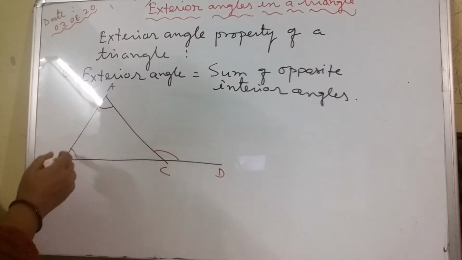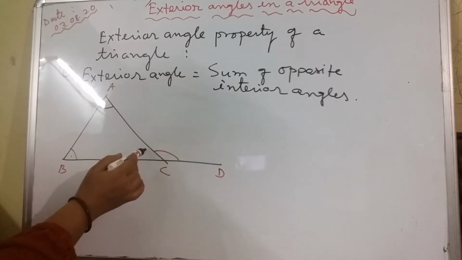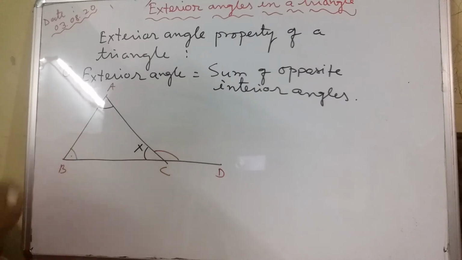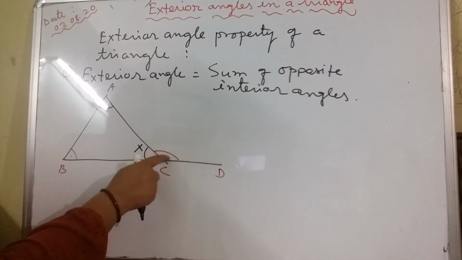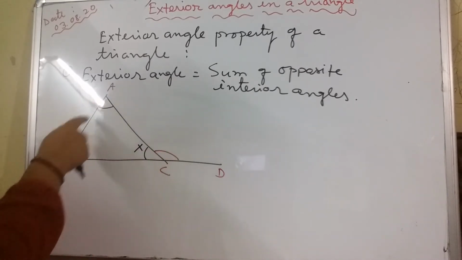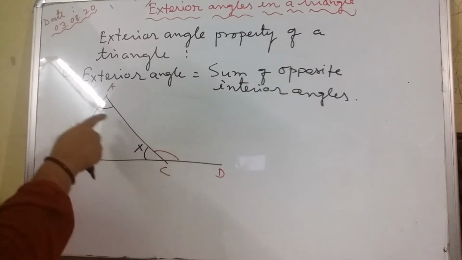This angle and this angle are the opposite interior angles, because this angle is not an opposite interior angle, as this is an adjacent angle with this, because it is side by side. These two angles, they are opposite to this exterior angle.